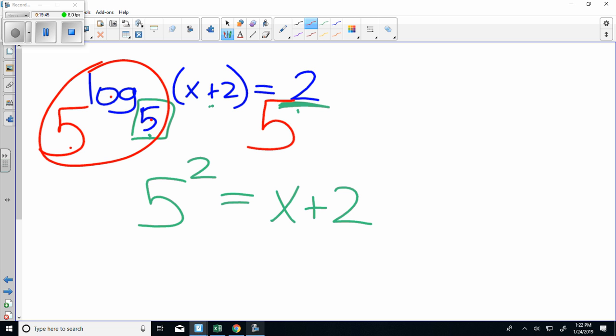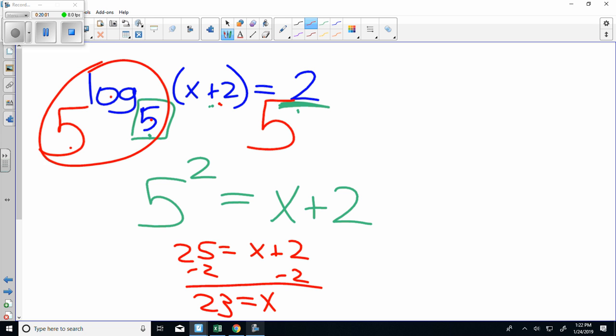Then x plus 2 equals 5 to the second. 5 to the second is 25. Subtract 2, and x equals 23. And again, you should check that this number doesn't turn into something 0 or less. If you put a 23 in there, that's 25, and yes, that works.